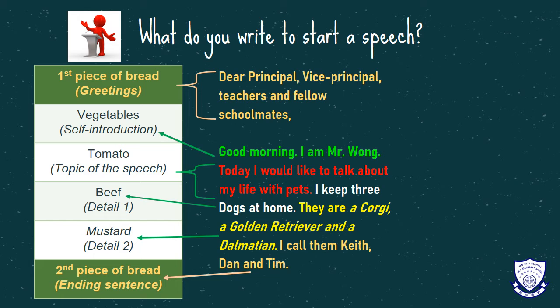And the next one, today I would like to talk about my life with pets. These red words may remind you of the tomato in a hamburger. And the next one, I keep three dogs at home. You can see that the arrow from this white sentence points to the part of beef.